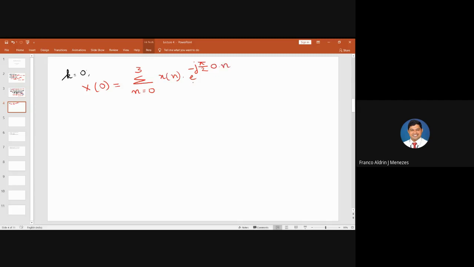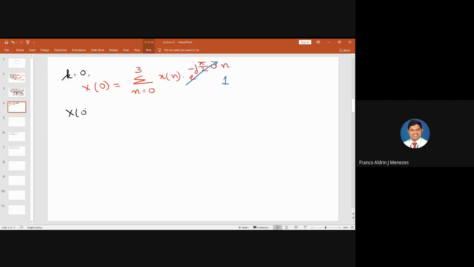So seeing this particular term, e to the power of 0. 0 into something will be equal to 0. So e to the power of 0 for this first case will give us the value equal to 1.